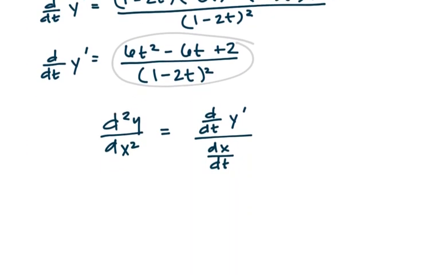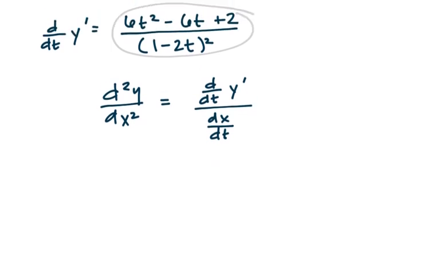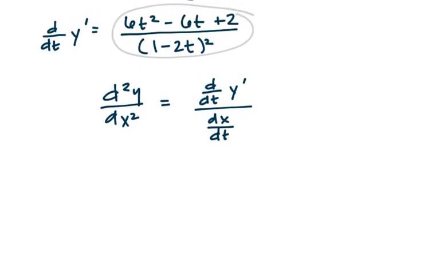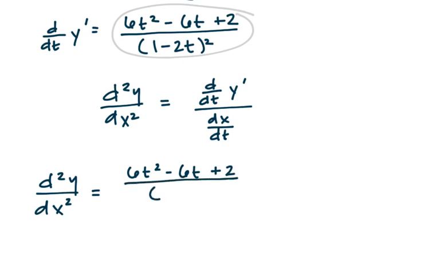So that's going to need to go in the bottom. So my second derivative, d2y dx squared, my second derivative of y with respect to x, is 6t squared minus 6t plus 2 over the quantity 1 minus 2t squared, divided by dx dt, which is 1 minus 2t.